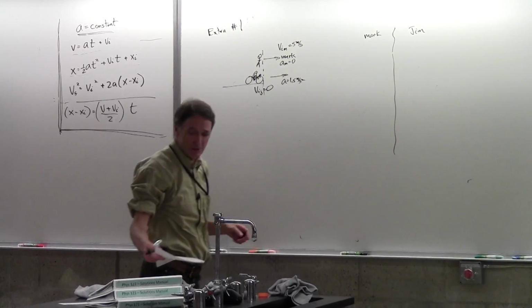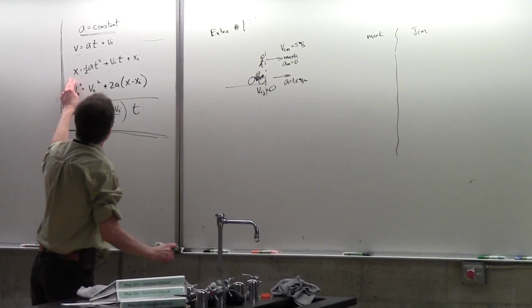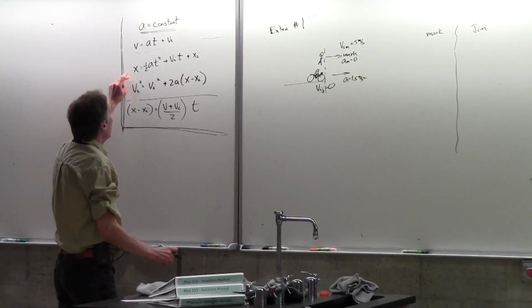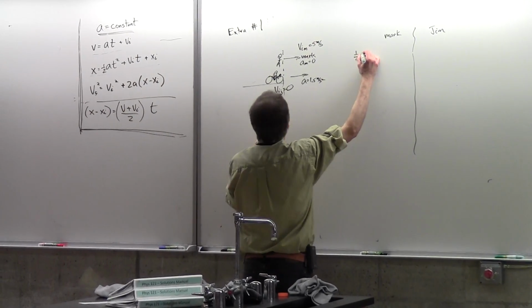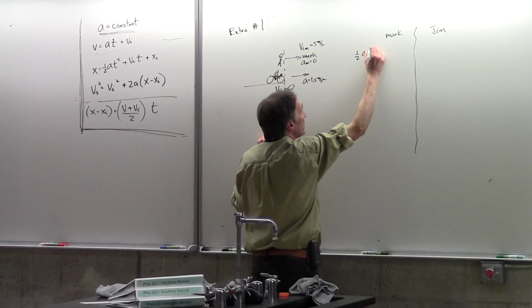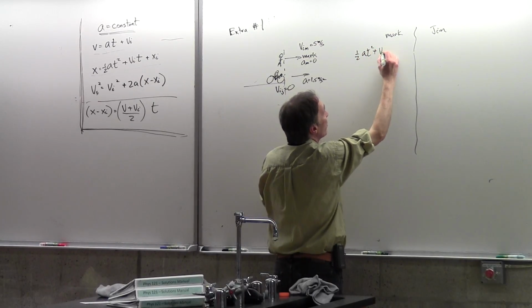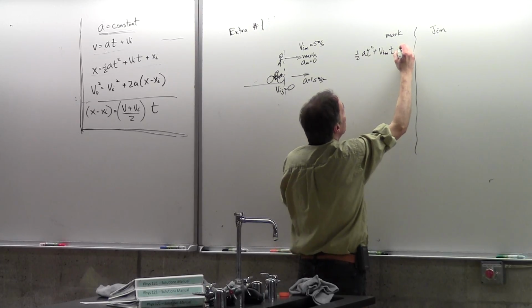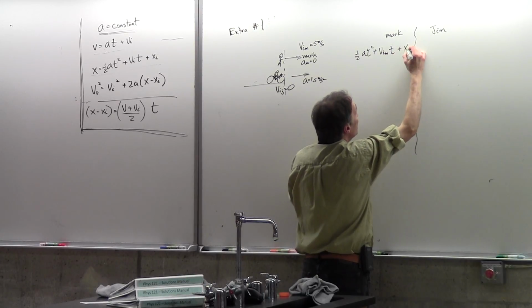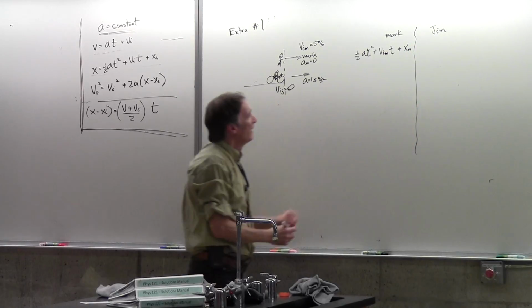Let me use our standard kinematic equations to take a look at this, for Mark. It's going to be one-half A T squared plus the initial velocity of Mark times time plus any initial position of Mark.